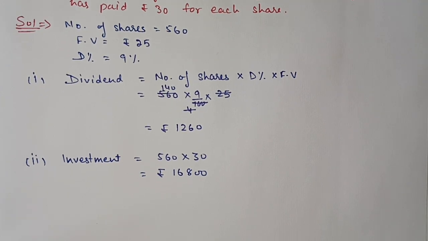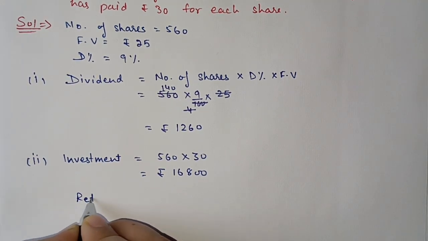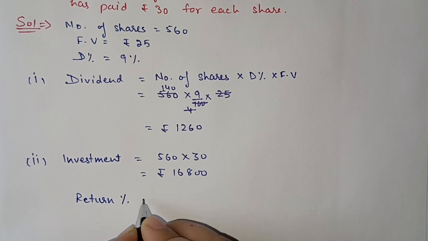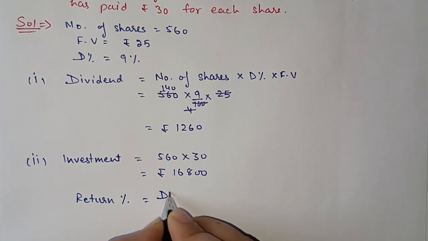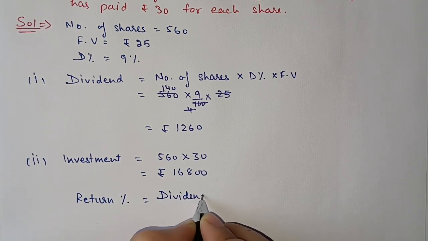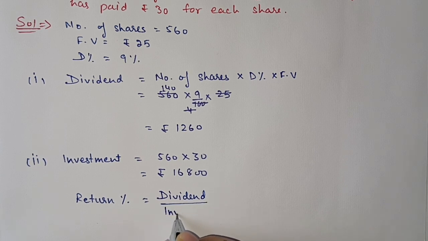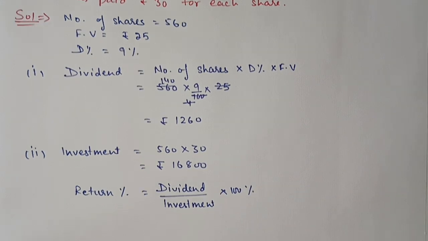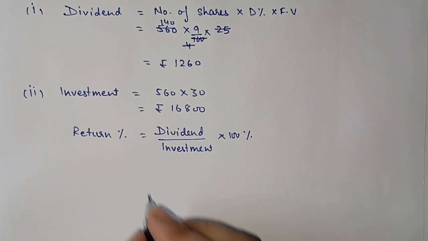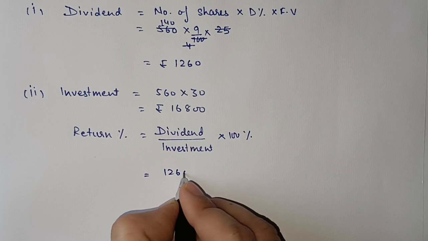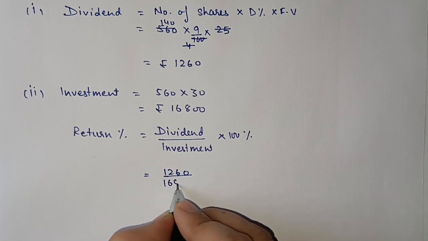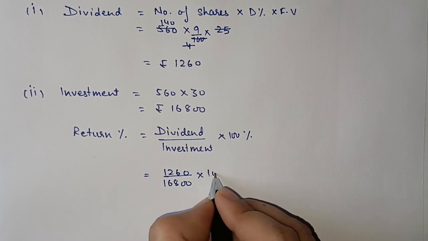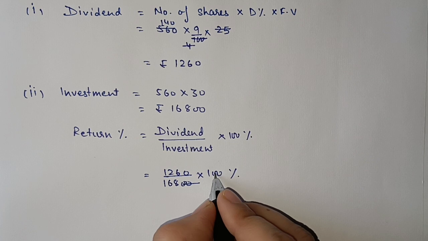So return percentage will be income or dividend by investment into 100%. Income he is getting 1,260 rupees. Total investment is 16,800 into 100%.